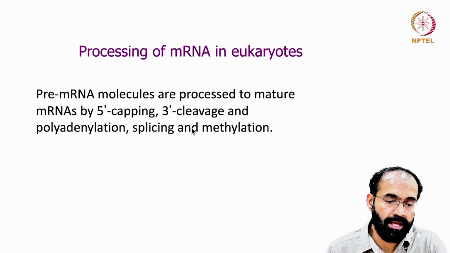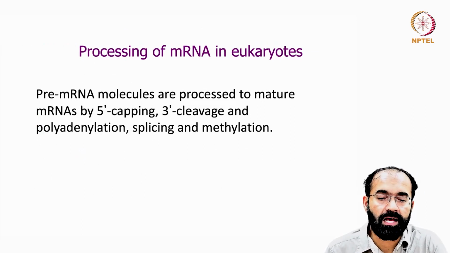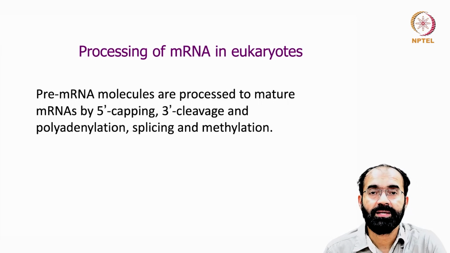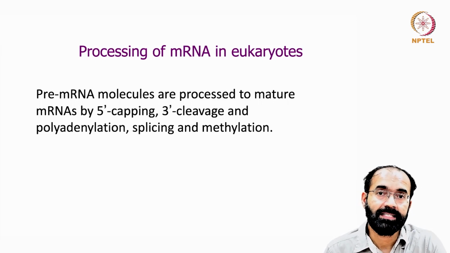takes place in eukaryotes. The pre-mRNA molecules are processed to mature mRNA, which usually starts with a 5' capping. We have seen the 7-methyl guanosine cap that is added by a 3-enzyme or 3-step enzymatic process.